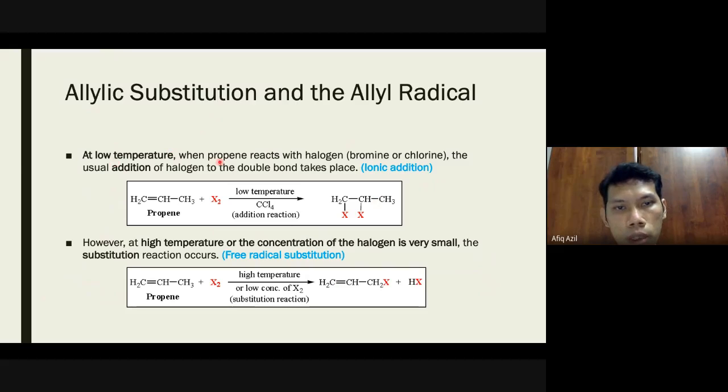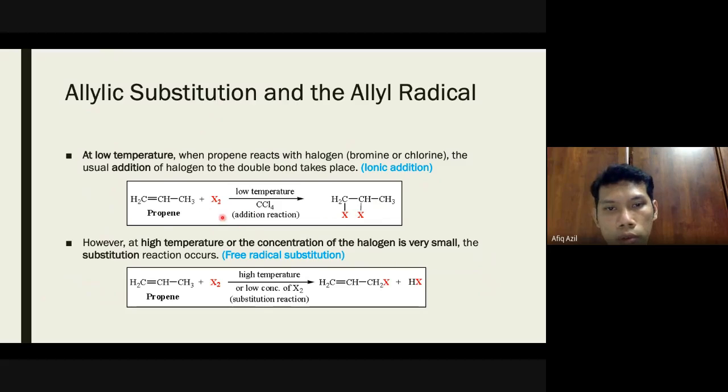Here you have propene in both reactions. At low temperature, when it reacts with a halogen, either bromine or chlorine, the usual addition of the halogen to the double bond takes place. So this is the electrophilic addition reaction we learned in chapter 6.